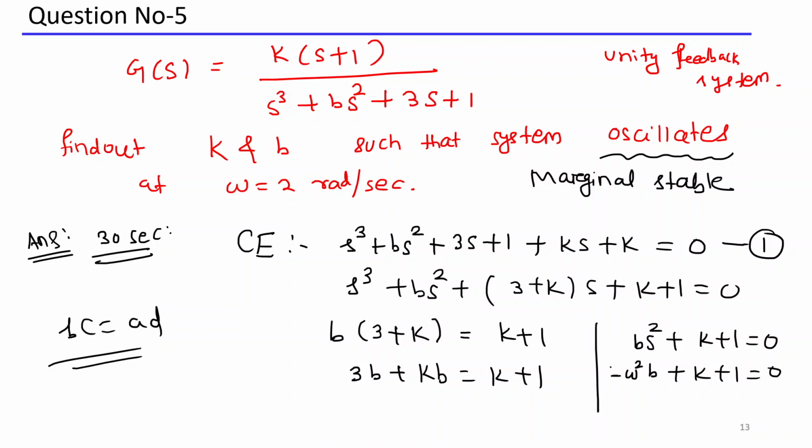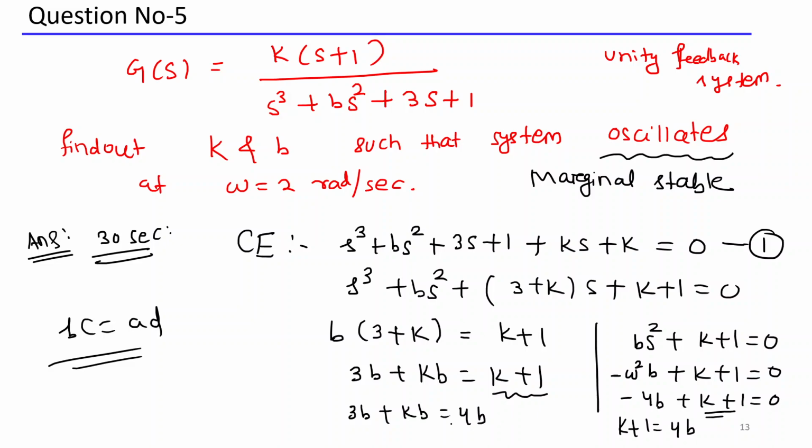What is the value of omega? Omega is given as 2 radian per second. So this will be minus 4b plus k plus 1 equal to 0. So k plus 1 equal to 4b. So 3b plus kb equal to 4b.